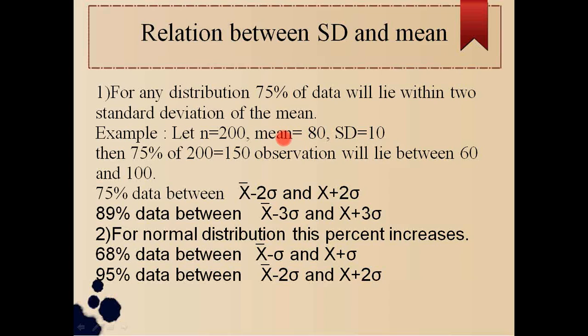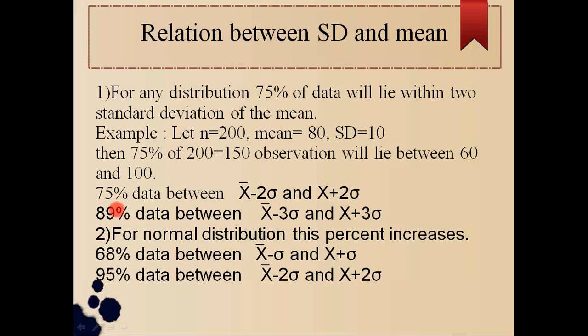Mean plus 2 standard deviations will be 100 and mean minus 2 standard deviations will be 60. So 75% of 200 is 150 observations. They will lie between 60 and 100. So for normal distribution, these percentages are 68% and 95%. And for any other distribution, these percentages are 75% and 89%.